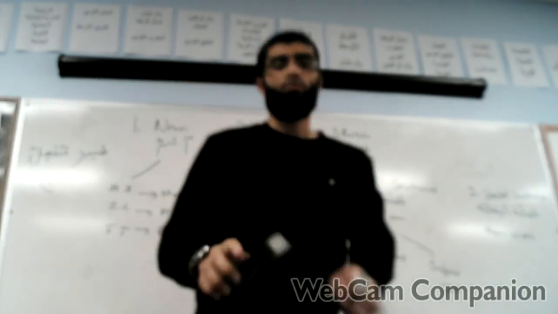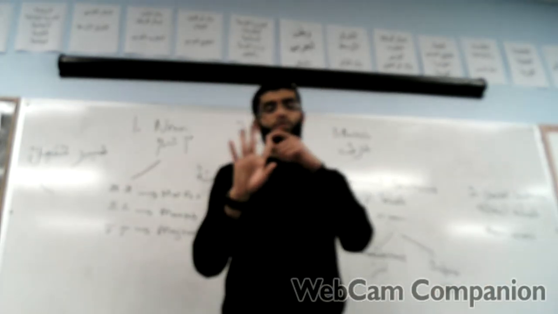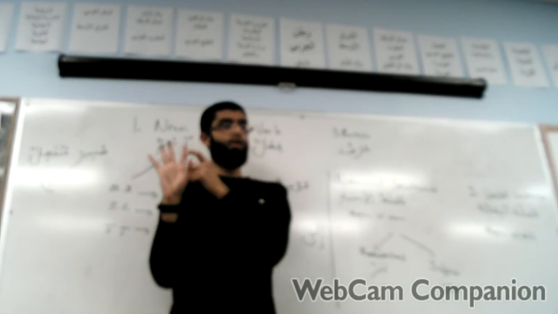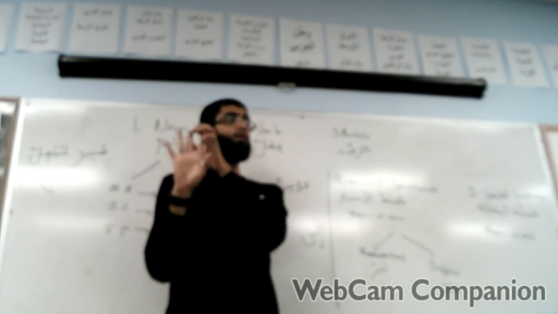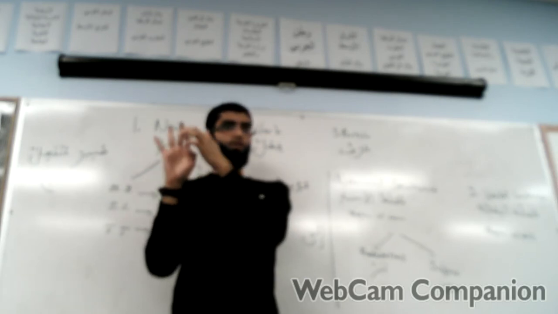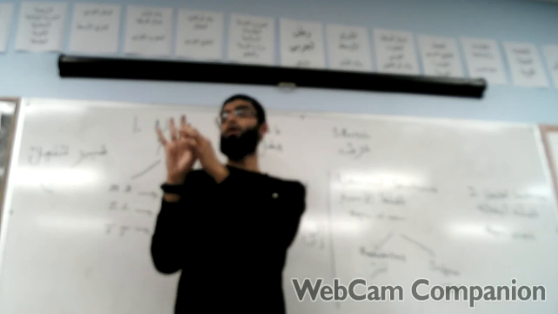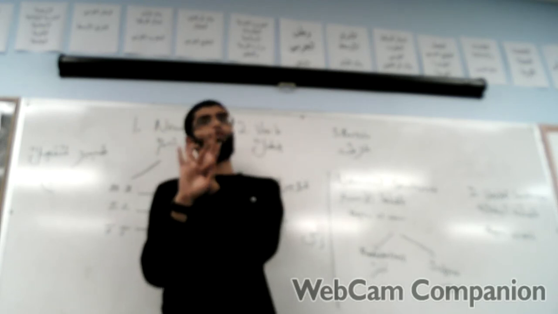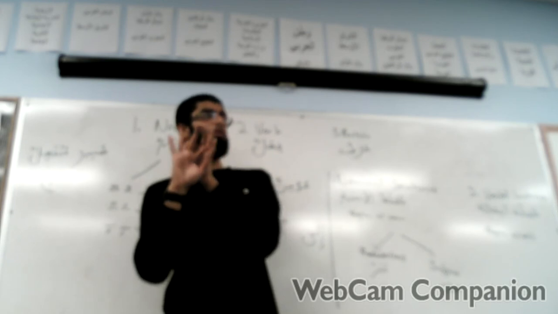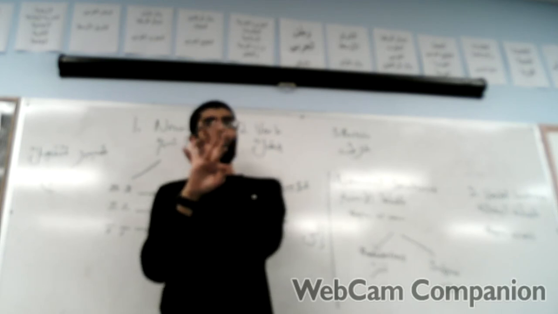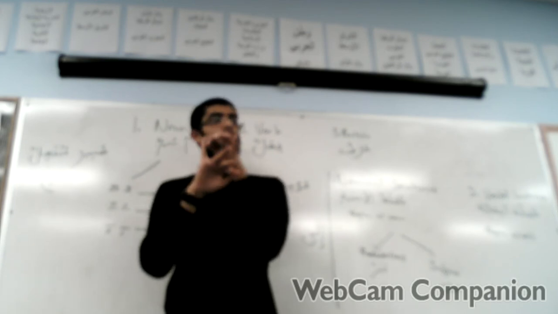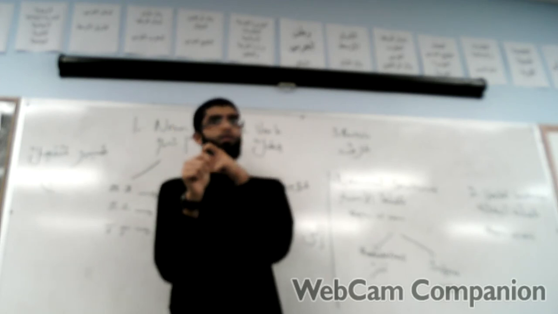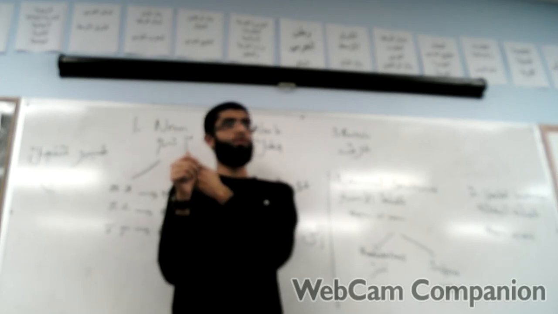So we start with the index finger, and we start with huwa, and then huma, and then hum, hiya, and then huma, and then hunna, and then for second person it's anta, and then antuma, and then antum, and then anti for you female, antuma, and then antunna, and then for I, ana, and then for we, nahnu.